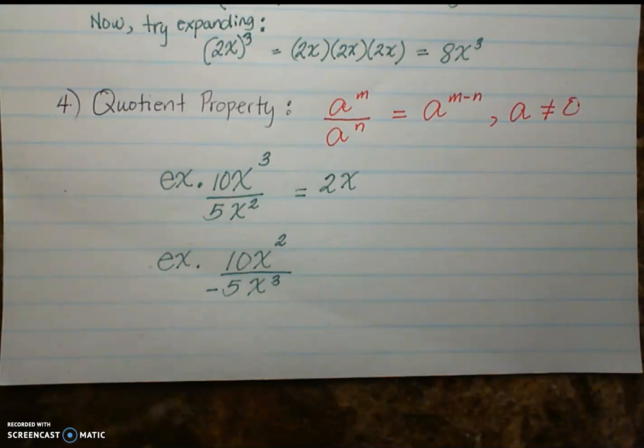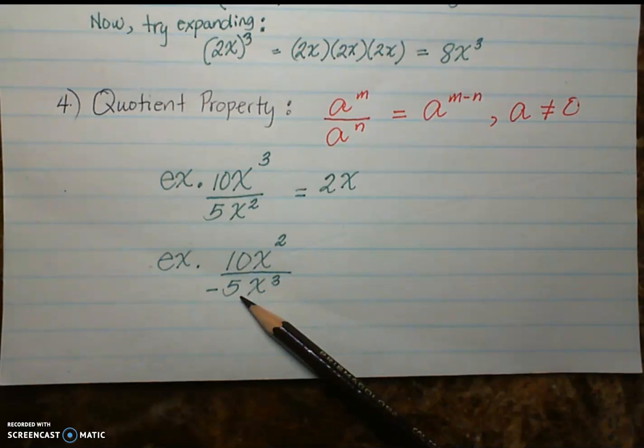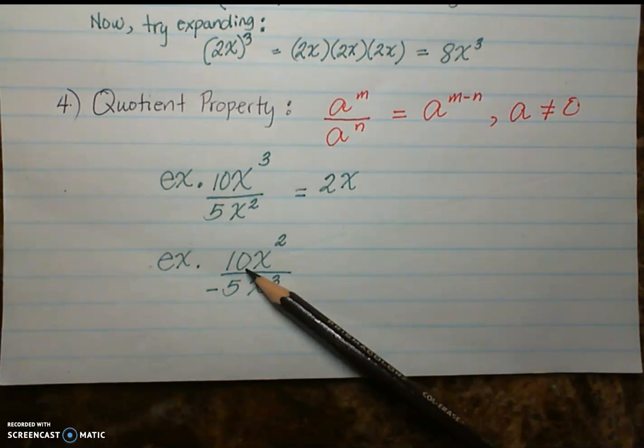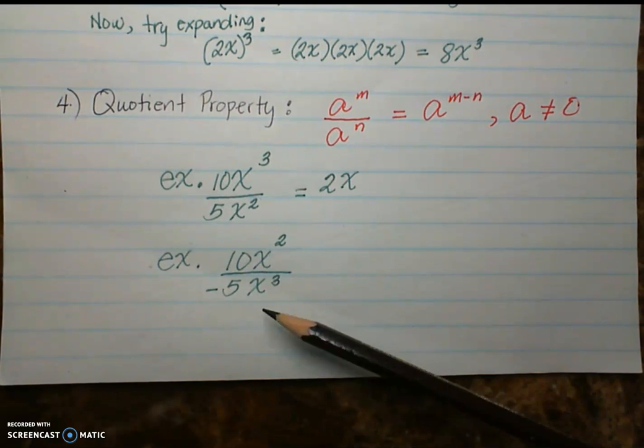I would like to give a second example in order for me to use as a springboard to the next property, which is the properties of negative exponents. So let's take a look at this example. Notice that I incorporated two things here. First of all, I placed a negative on the coefficient, and then I want you to focus on the exponent of your x's.